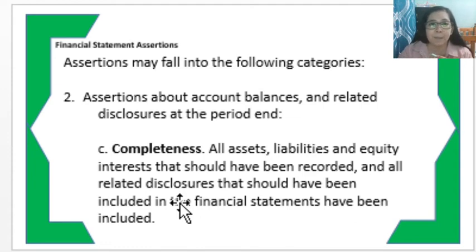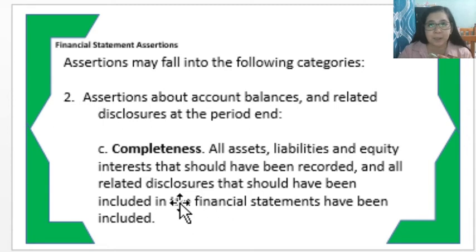Okay. Another type of assertion under this category is completeness. So, meaning all the assets, liabilities, and equity interest that should have been recorded, and all related disclosures that should have been included in the FS are actually included and presented in the FS.